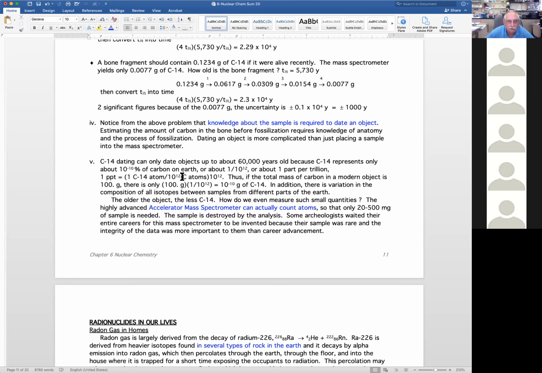So we can only do about 60,000 years old because carbon-14 is a very small amount of the carbon on Earth, about 1 part in every trillion. What that means is 1 gram of carbon-14 for every trillion grams of carbon on planet Earth.